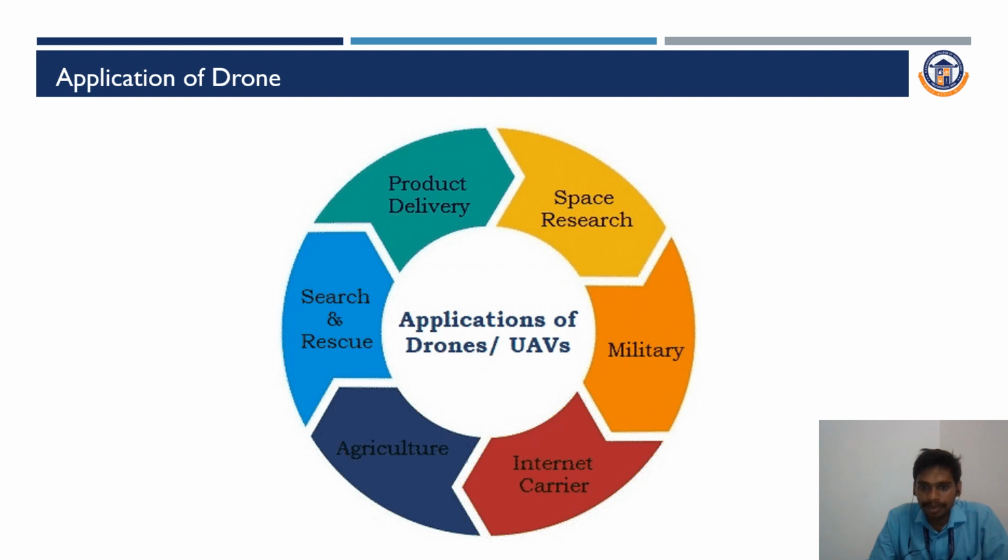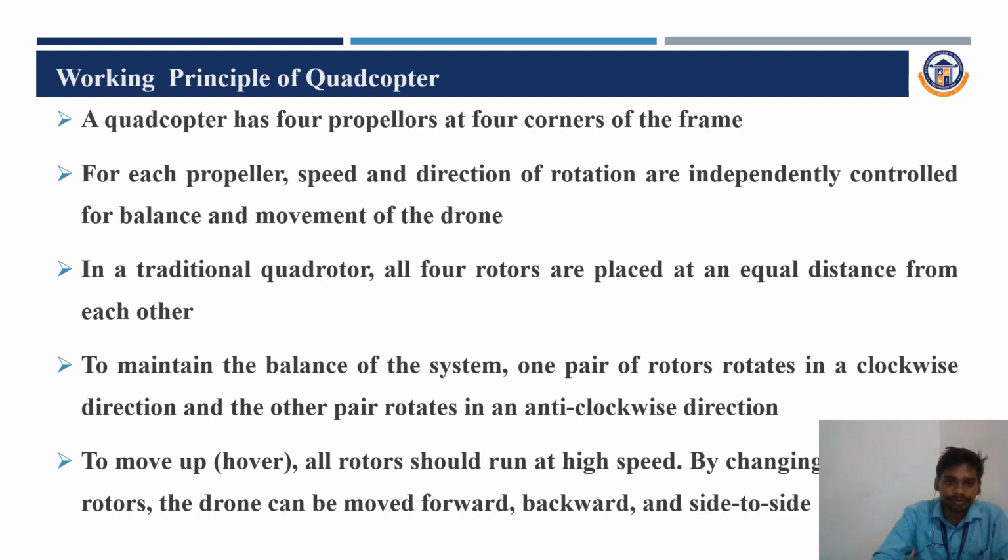In rescue operations like earthquakes and tsunamis, drones also play major roles. Internet carrier means providing an internet source to the corresponding persons. Agriculture drones spray water or pesticide without spoiling a single crop. In search and rescue operations, as I said before, the same as military operations, the drone will rescue humans in a tsunami or earthquake.